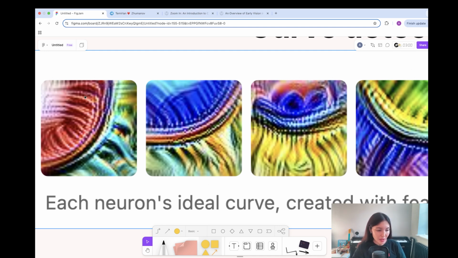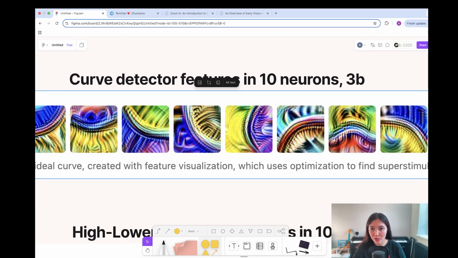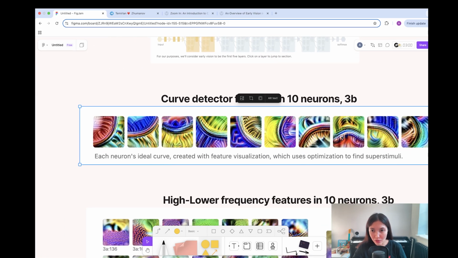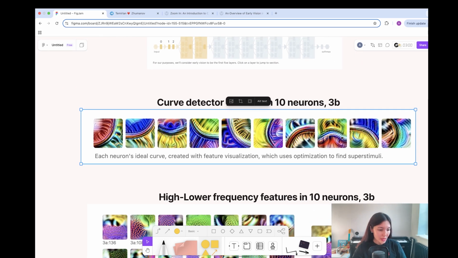Curve detectors come in families, with each neuron in the family focusing on the same curve shape but in a different direction. So as you can see across neurons, they are all in different directions, and they create a family. What's interesting is that these neurons don't care about things like brightness, texture, or color, they only focus on the shape of the curve itself.